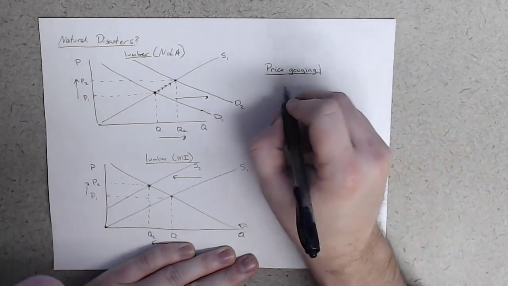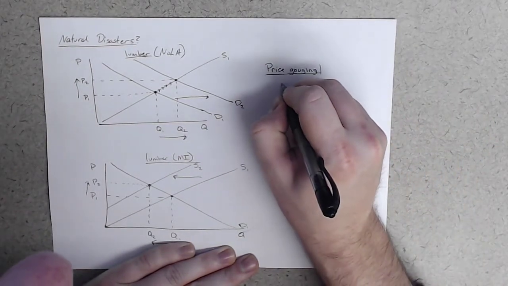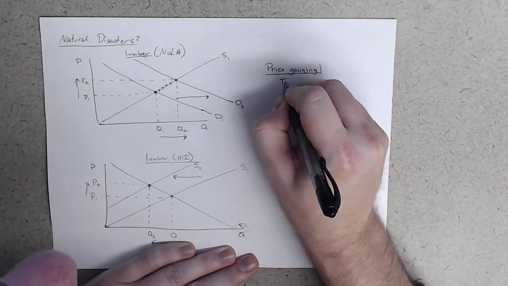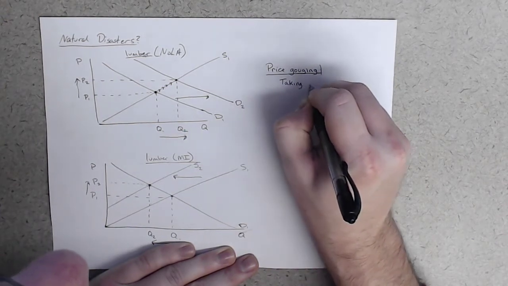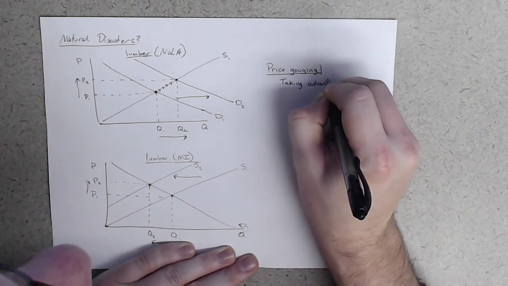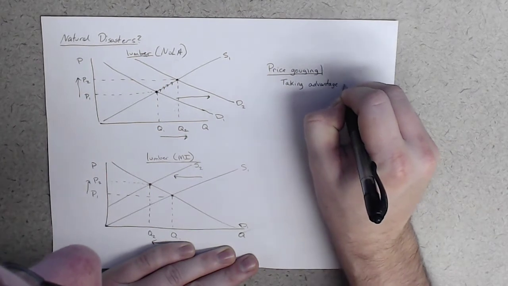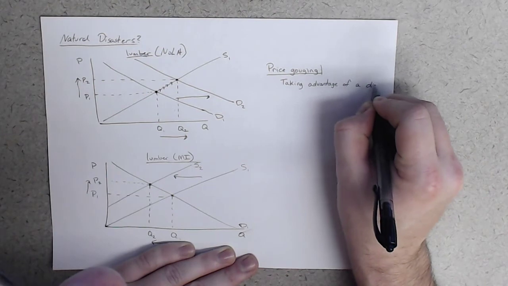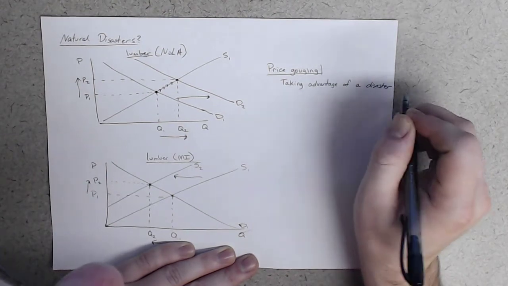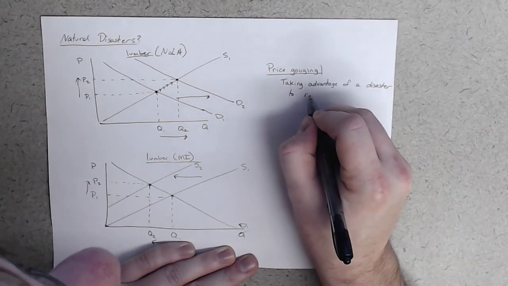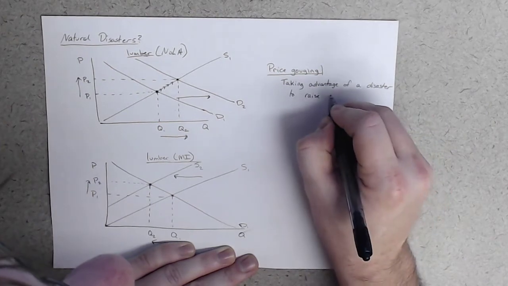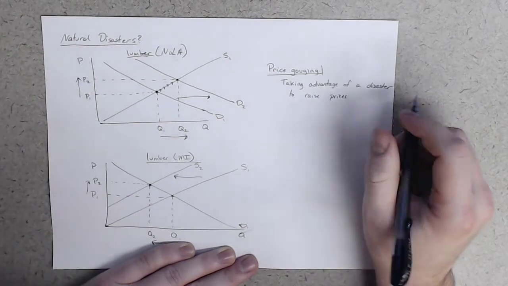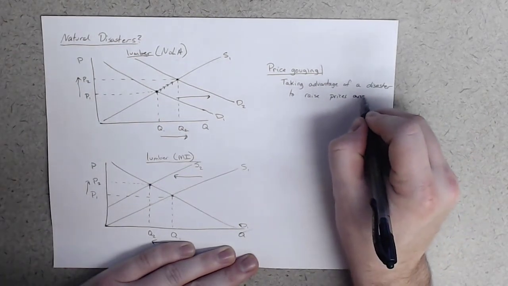Where price gouging is essentially taking advantage of a disaster to raise prices and therefore profits.